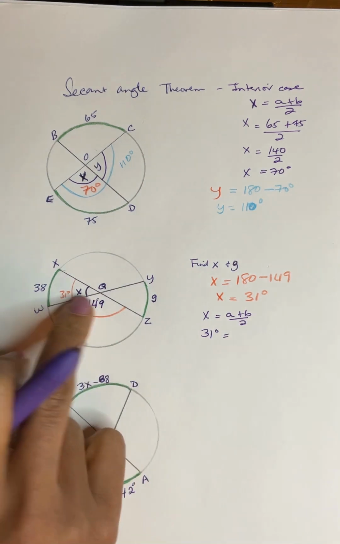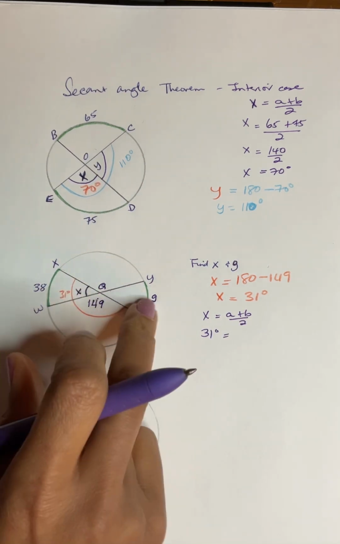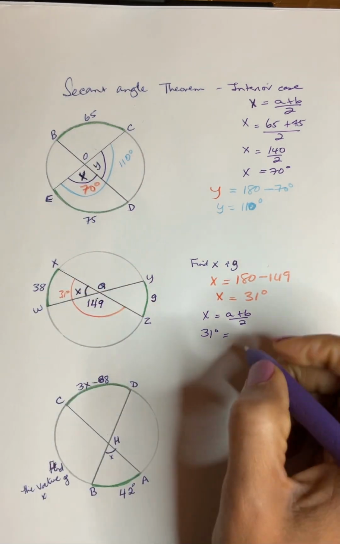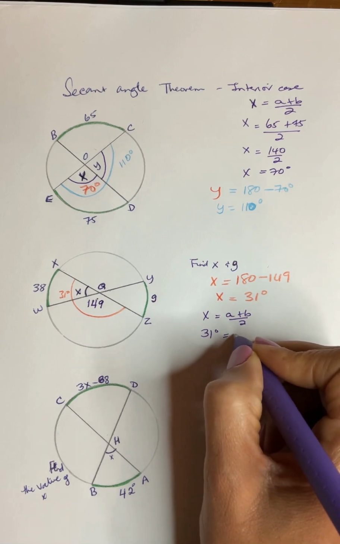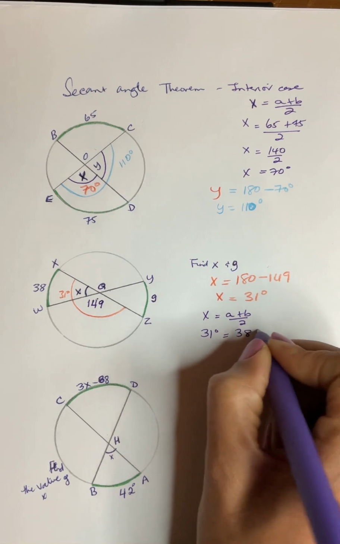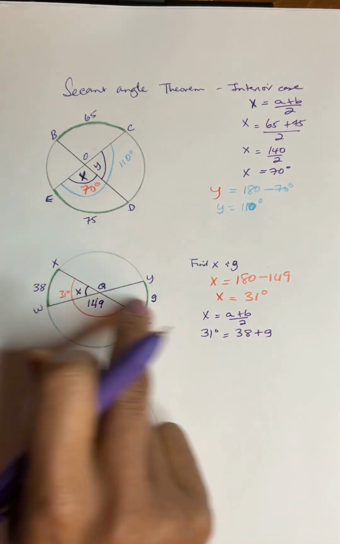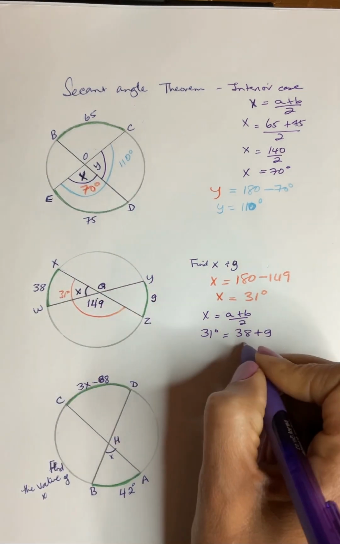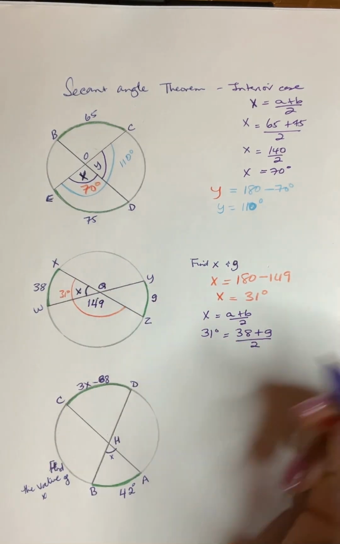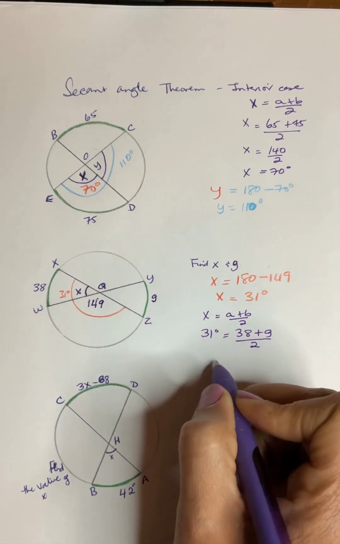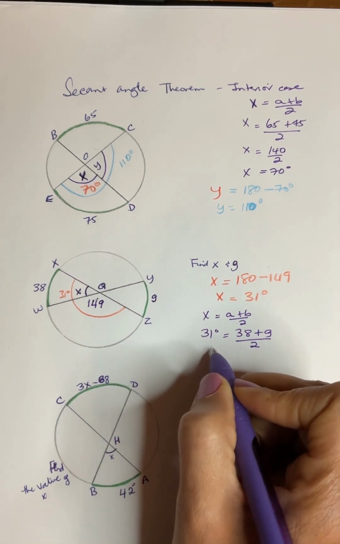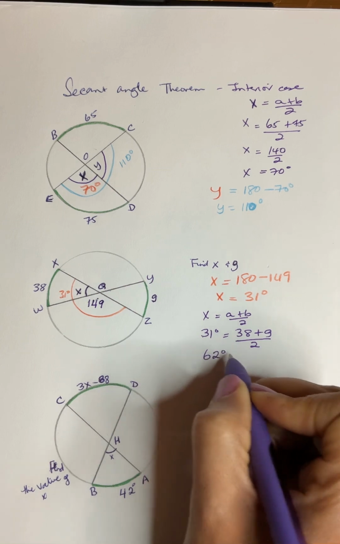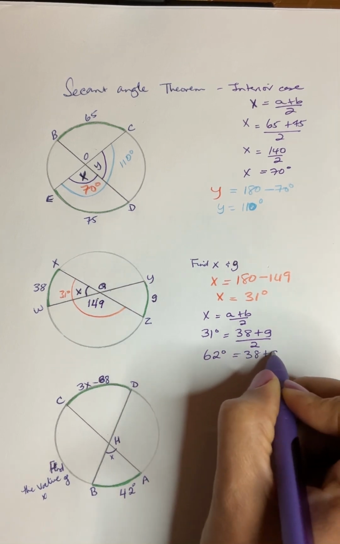That's the vertical angle coming from the two arcs. So 31 is equal to 38 plus G, the sum of these two arcs, divided by 2. So we're going to do 31 times 2, which is 62 degrees, equals 38 plus G.